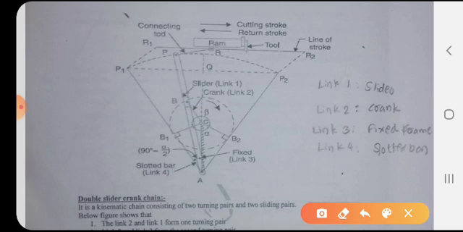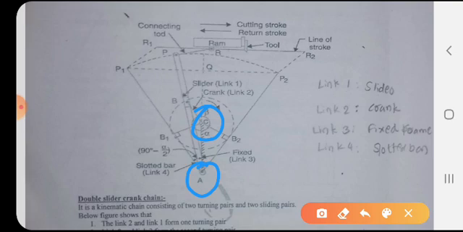The link AC corresponds to the connecting rod, which is fixed, forming a turning pair.